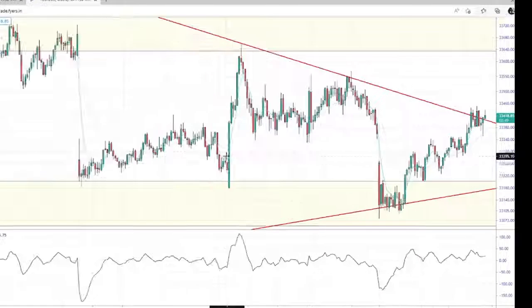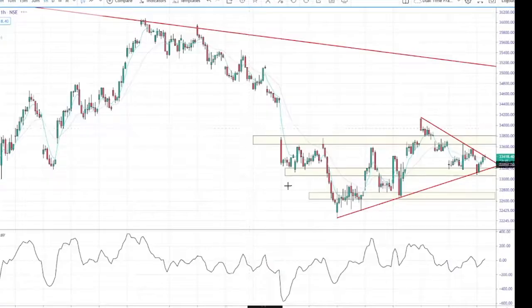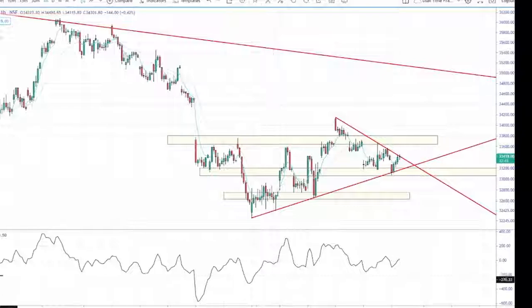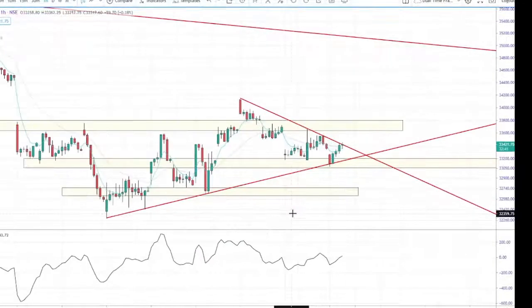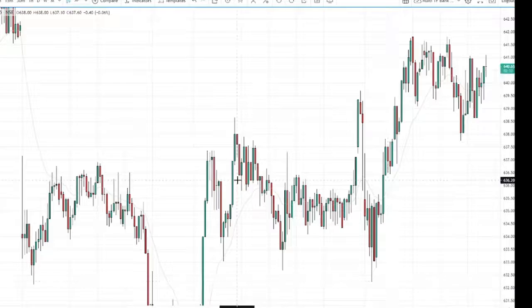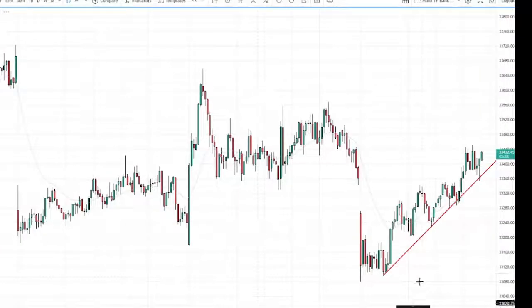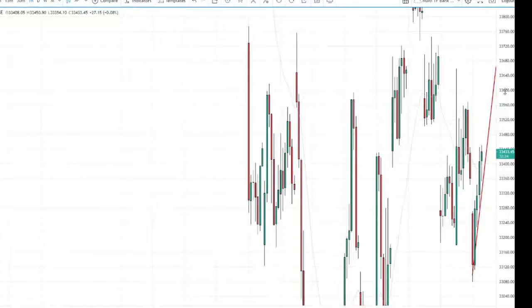And to substantiate that, if we go to Bank Nifty and go to the 1 hour time frame, let me take a clean chart because there are a lot of drawings in here. It's a higher time frame.